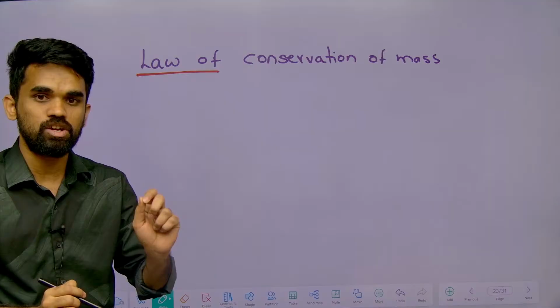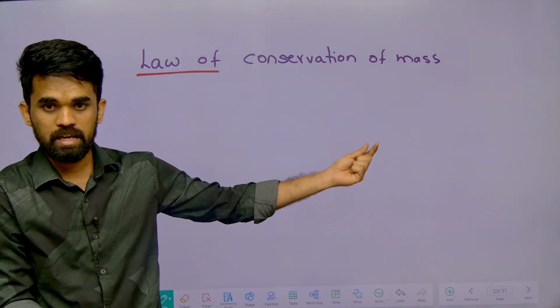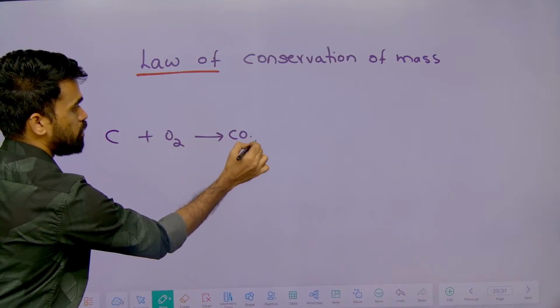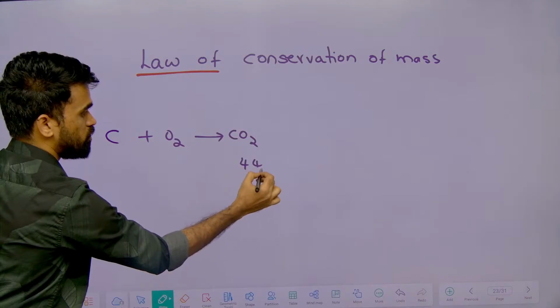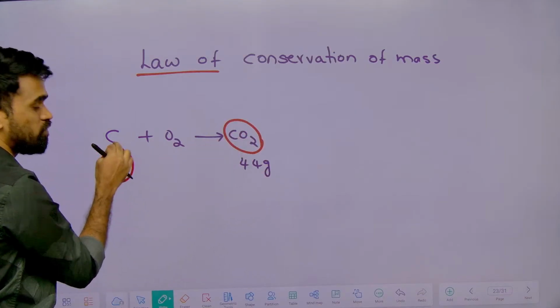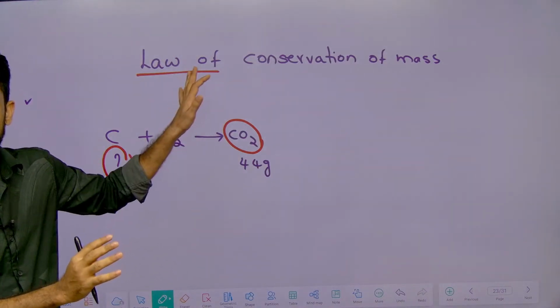What do we mean by stoichiometry? We calculate the amount of product formed from the reactants. Let us say carbon combining with oxygen forming CO2. To get 44 grams of CO2, how many grams of carbon should I use? These calculations we do as part of stoichiometry.